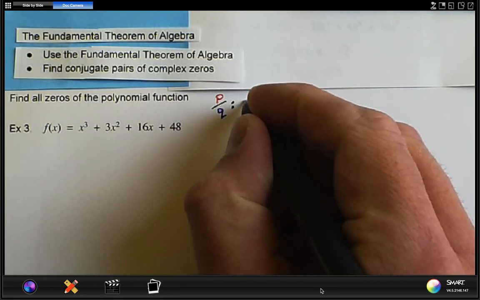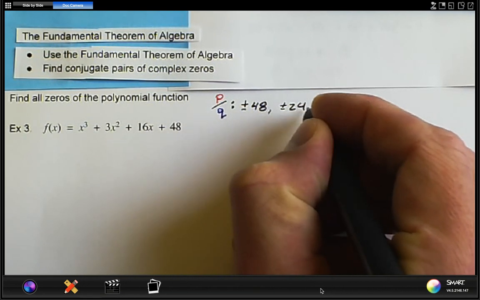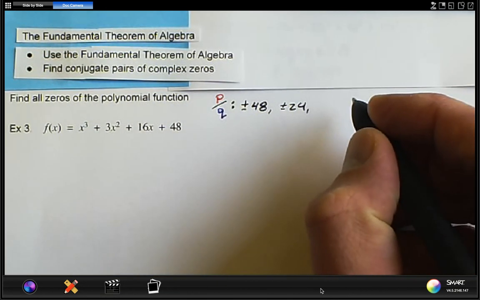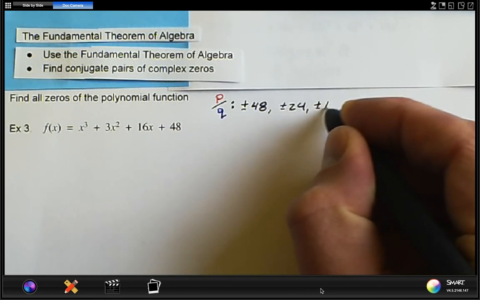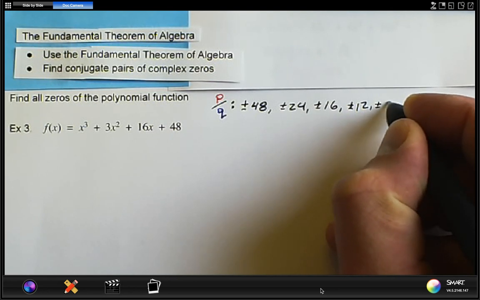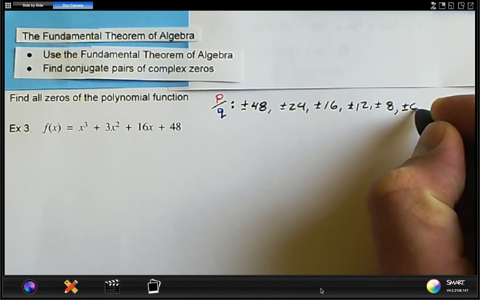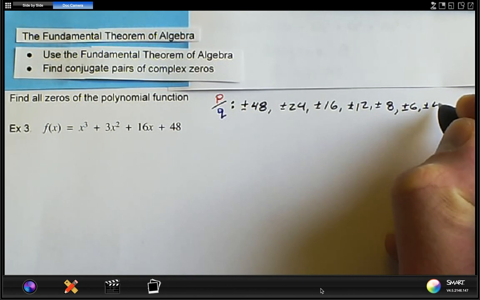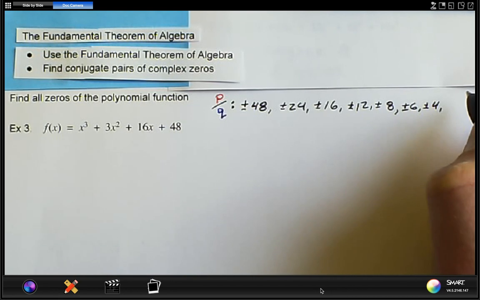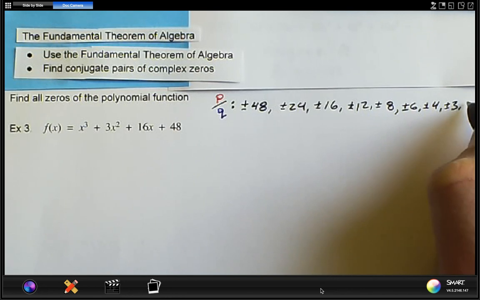So the factors are going to be plus or minus 48, plus or minus 24, plus or minus 16, plus or minus 12, plus or minus 8, plus or minus 6, plus or minus 4, plus or minus 3, plus or minus 2, and plus or minus 1.